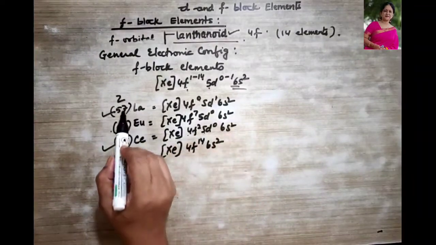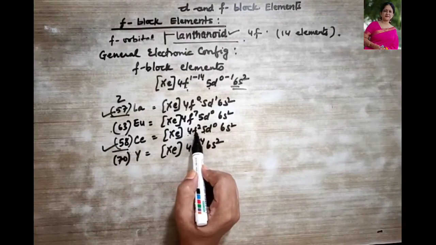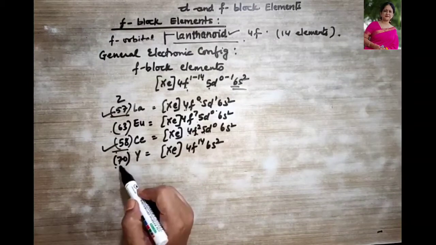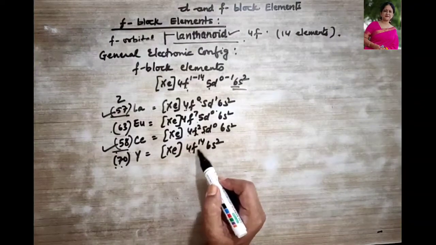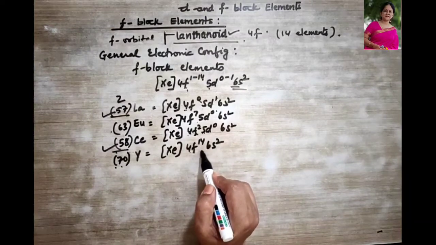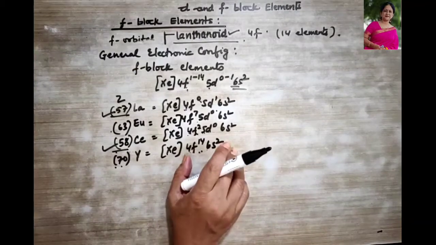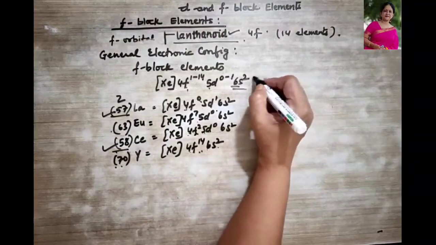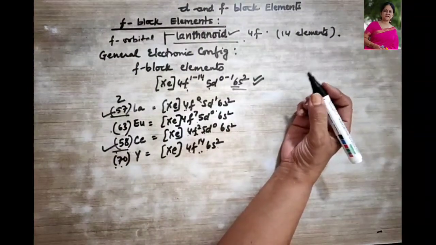First, if you check 57, it is 4f0, 58 4f2, 63 4f7, and if it comes to 70, there is no d orbital. The 4f is completely filled, there is no d orbital over here, and it straight away goes to 6s2. So this was the general characteristic where you are going to use this general electronic configuration, right?